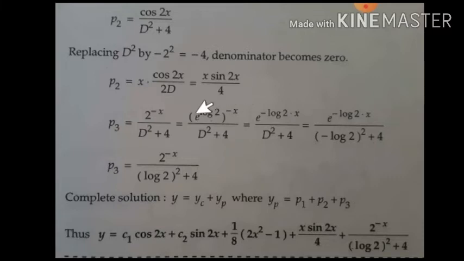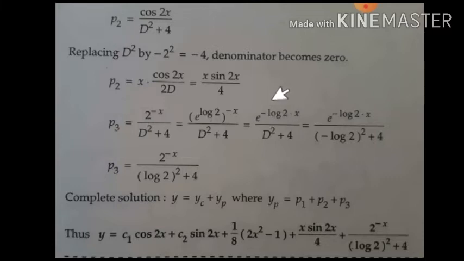So the minus can be written on the left side of log 2 using the log property, and 2 to the power of minus x is converted into type 1 form, e to the power of constant into x form, yes or no? So when a function of the form constant to the power of x is there, you can convert it into type 1 form to find the particular integral.